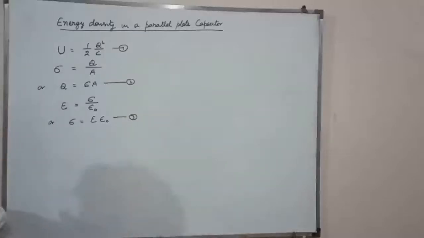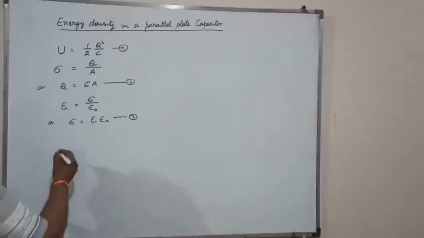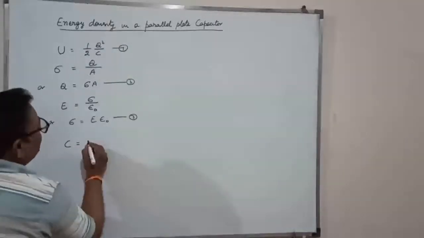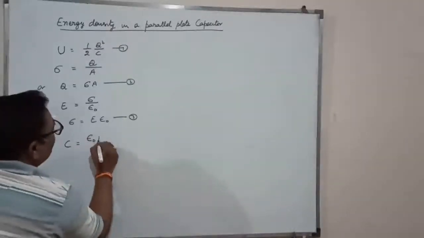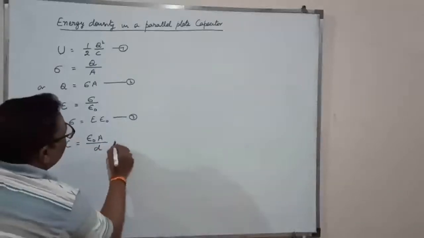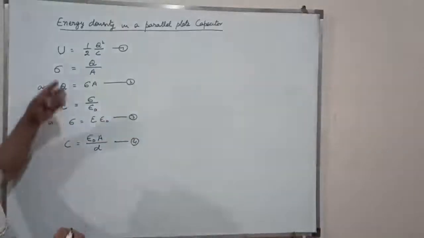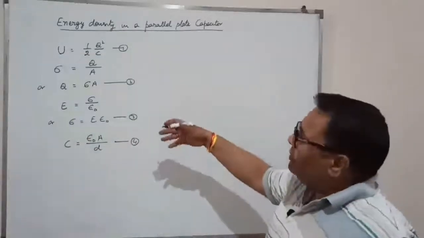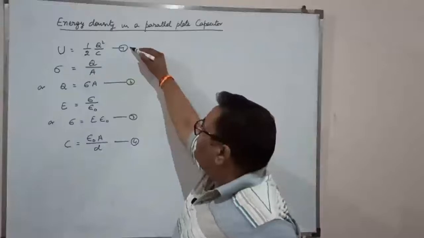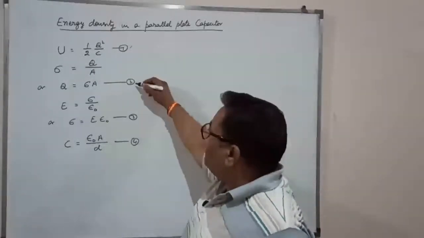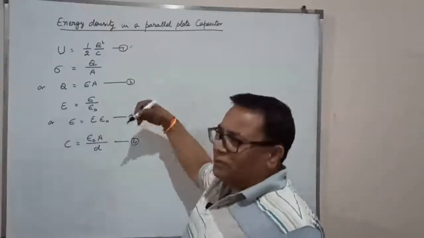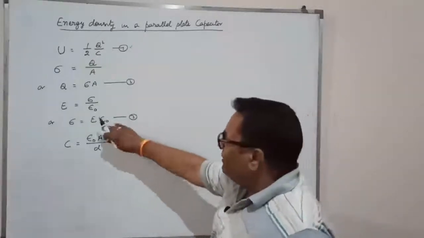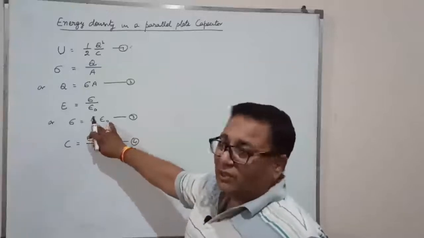This is equation 3. And one equation more, the capacity of a parallel plate capacitor, C is equal to epsilon 0 A upon d. All equations are well familiar to us. We all know these equations. This equation we derived recently, and these equations, also in terms of capacitance, we are all using. This is the equation used in Gauss theorem.